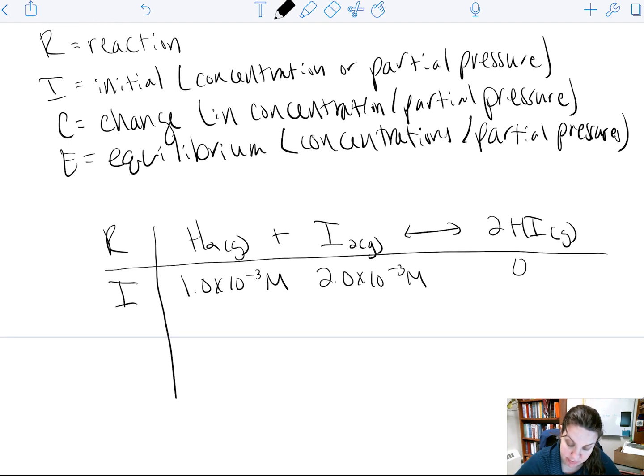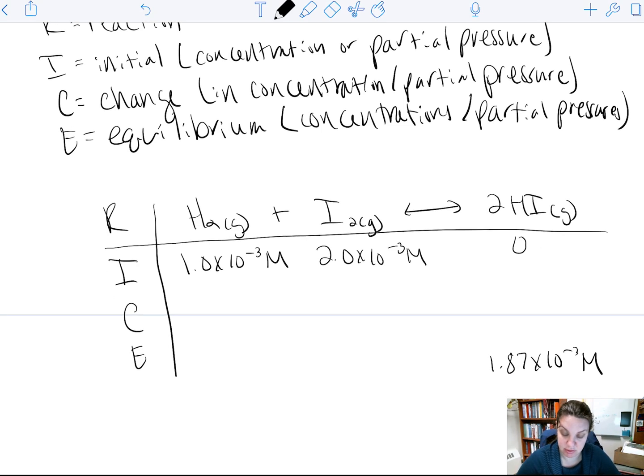And then initially we have 0 of this. We're also given an equilibrium concentration of HI of 1.87 times 10 to the negative 3 molar.